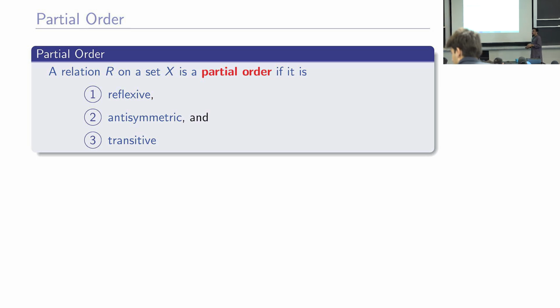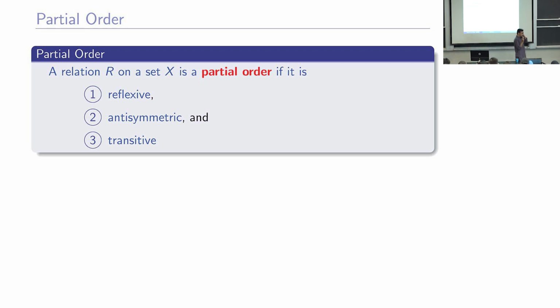Recall that when we had a relation on a set A or a set X, it was called an equivalence relation if the relation is reflexive, meaning every element of X is related to itself, symmetric, meaning if A is related to B, then B is also related to A, and transitive: if A is related to B and B is related to C, then A should be related to C. That was an equivalence relation.